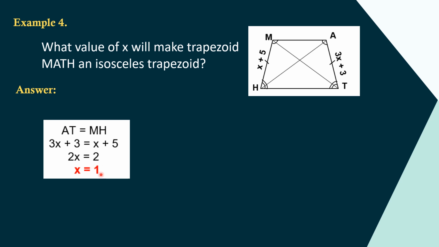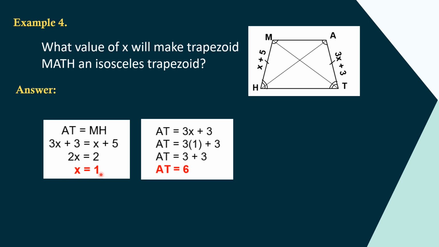We need to substitute this value to find the measures of AT and MH. So AT equals 3x plus 3. So 3 times 1 plus 3. 3 times 1 is 3 and 3 plus 3 is 6. Therefore, the measure of AT is equal to 6.